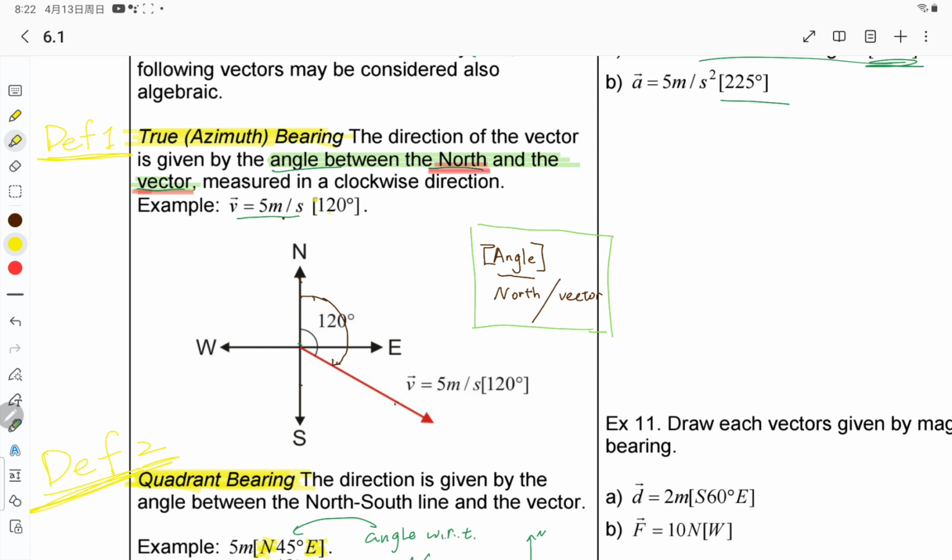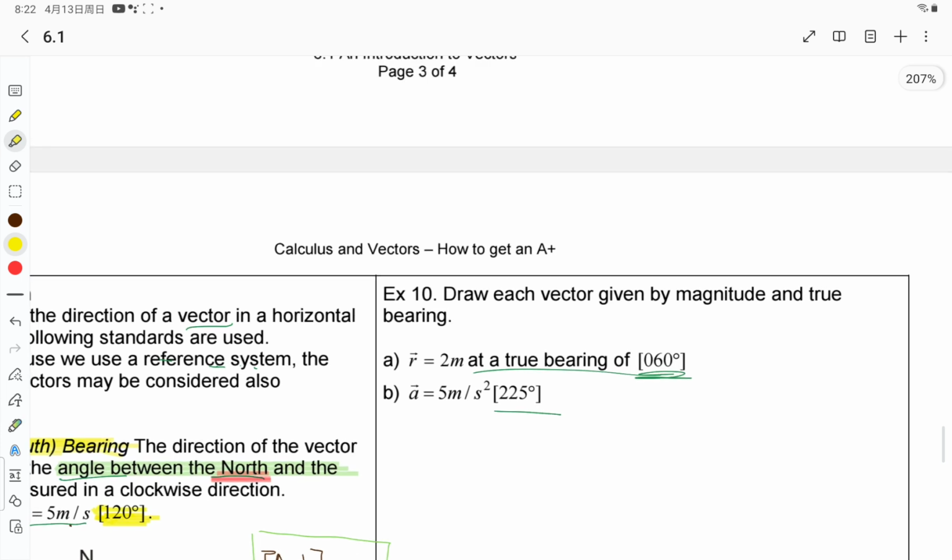It doesn't have the reference north and east, but is only the angle, but it's assuming that the true direction is north and then the vector. Okay, and so now draw each vector using magnitude and true bearing.